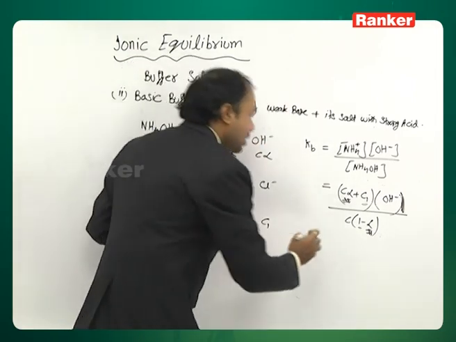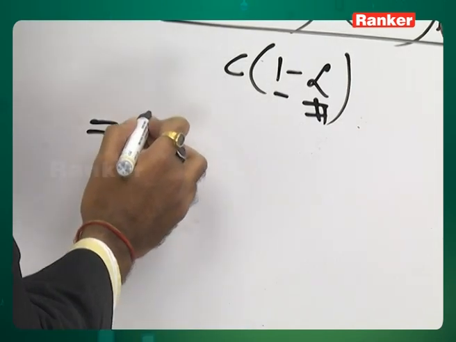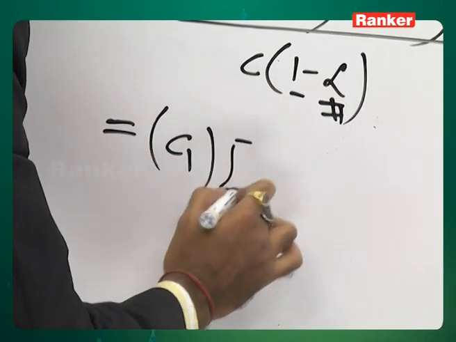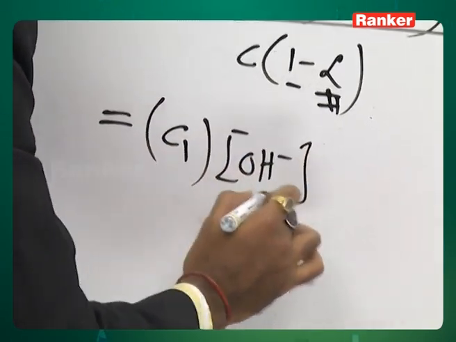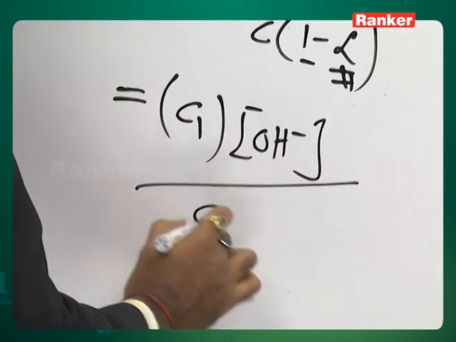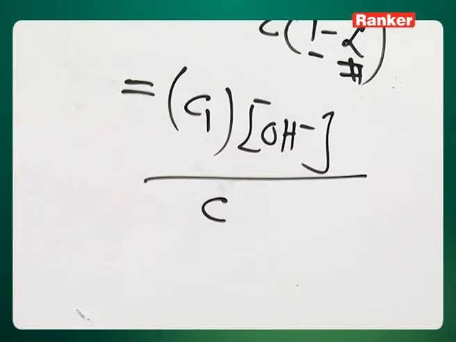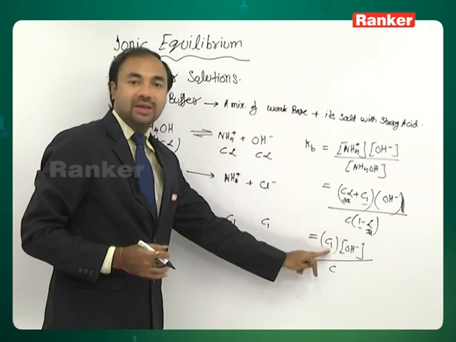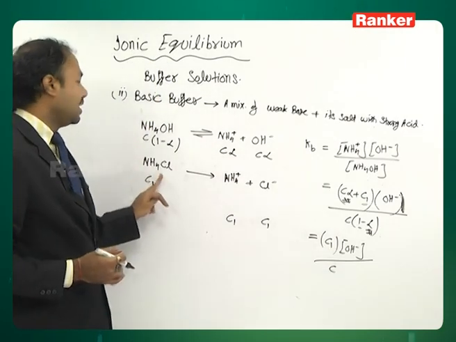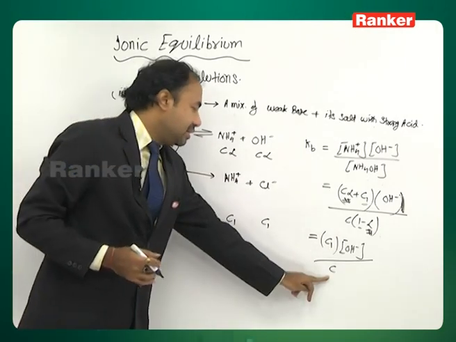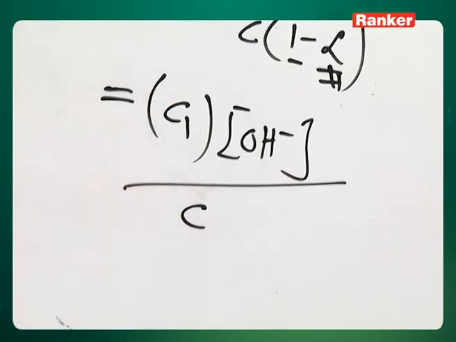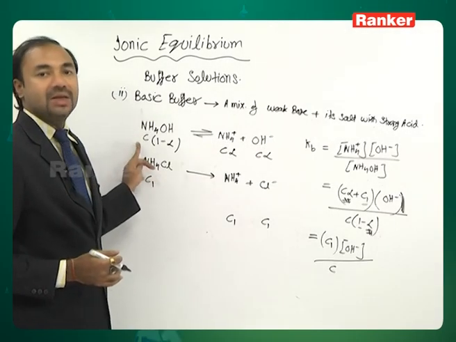This comes out to be C1 into concentration of hydroxyl ions upon C. Again check, C1 here is nothing but concentration of the salt taken initially, and C is nothing but concentration of ammonium hydroxide taken initially.